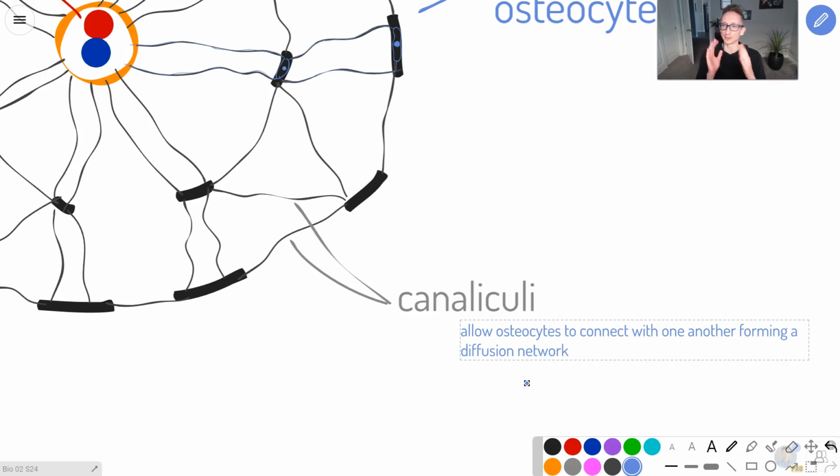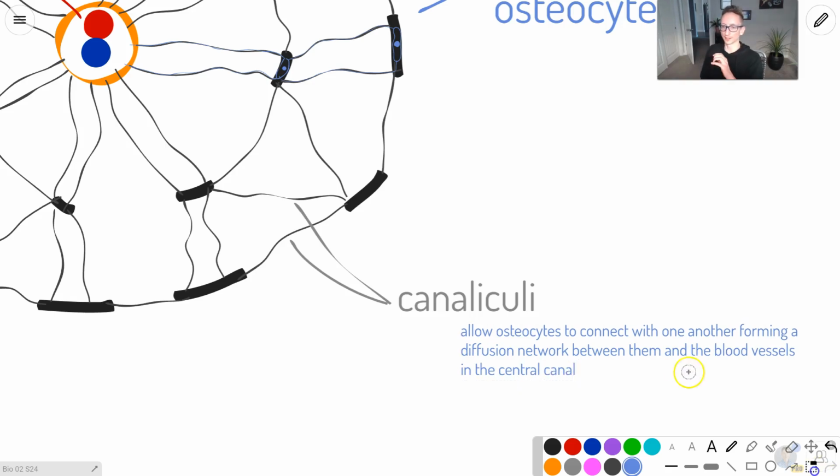It's kind of like the internet or something like that. A diffusion network between them and the blood vessels in the central canal. Really freaking cool stuff right there.